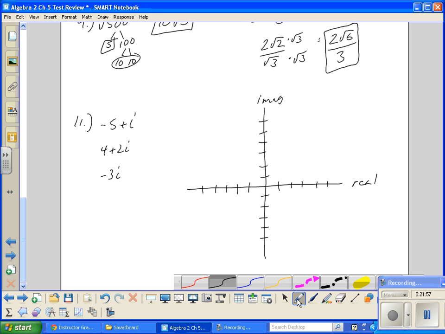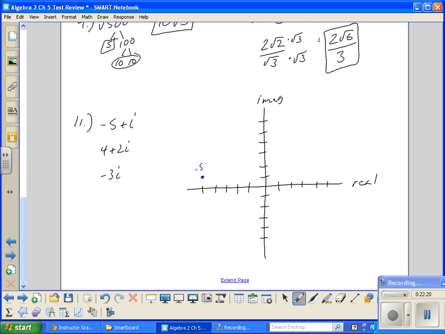From there, if we plot those points, the first one is negative 5 on the real. The part without the i is the real part. So negative 5, 1, 2, 3, 4, 5. And then positive i, or 1i, so I go up to positive 1.